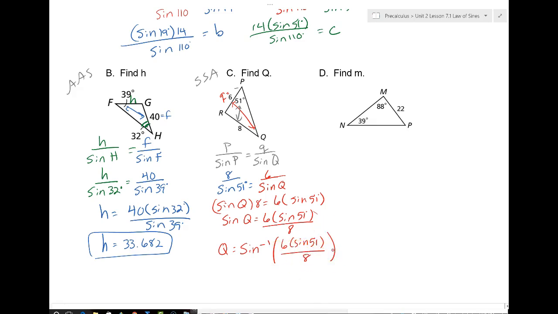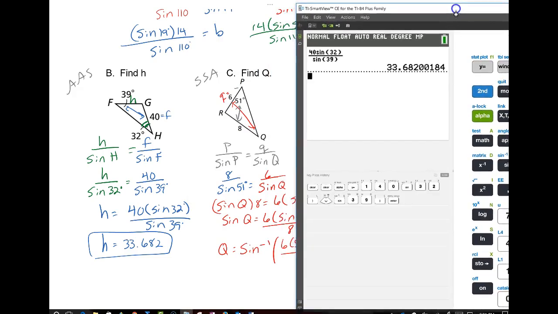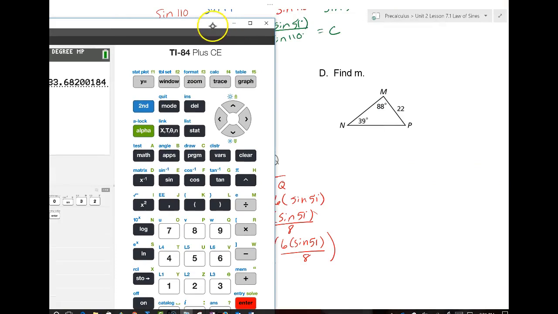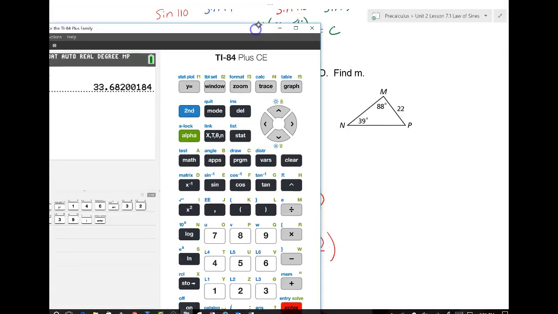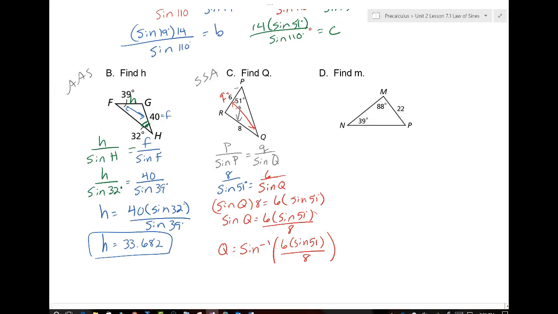Well, this is where your calculator again comes in handy. So on here, I don't know if I can get this small enough so I can see it. No, I don't think it's going to help me on here. Nope. Sorry, different calculator, guys, for you. Just go second sine on your calculator. I'd go alpha y equals and literally put the fraction in there.